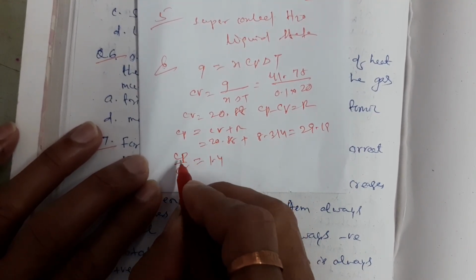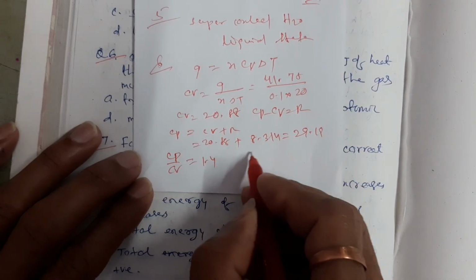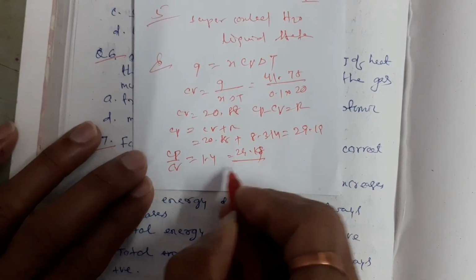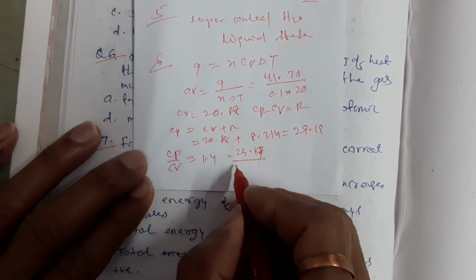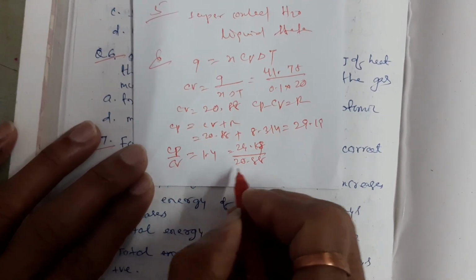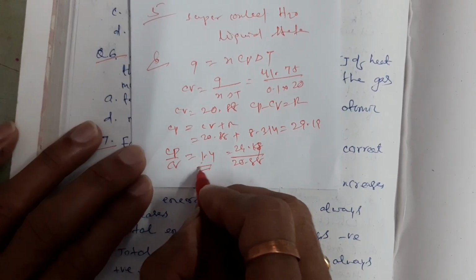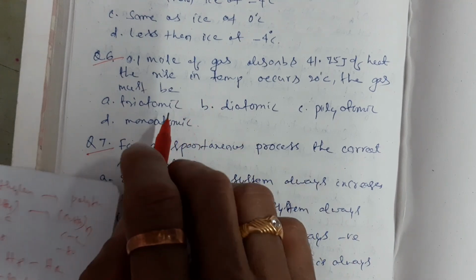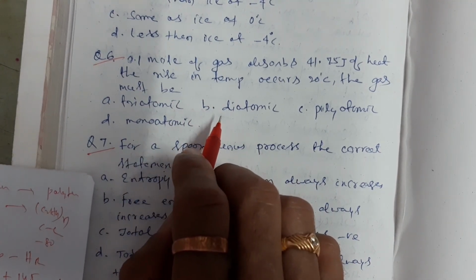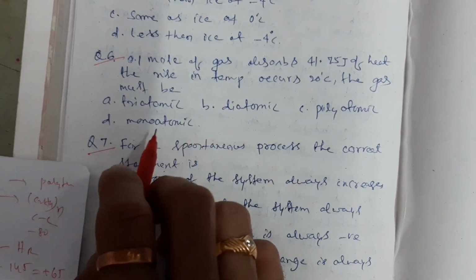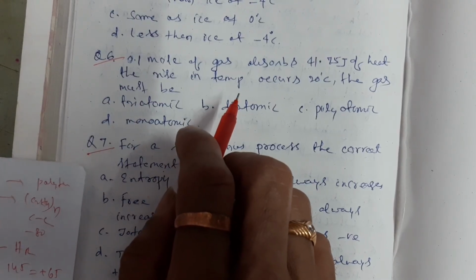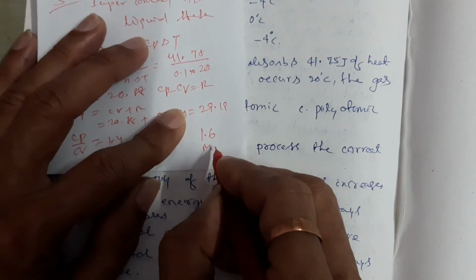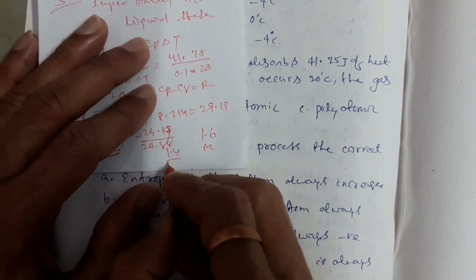This Cp by Cv value 1.4 is for diatomic, so choice B is the correct answer. If it is monoatomic, then it will be 1.6. So 1.6 for monoatomic, 1.4 for diatomic.